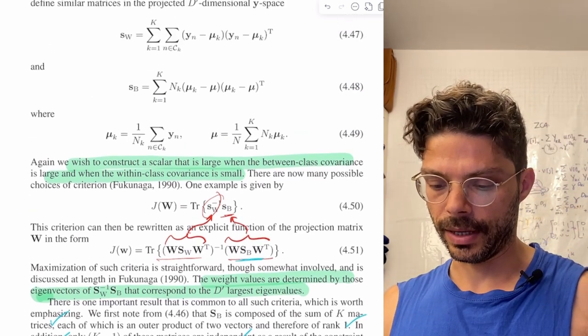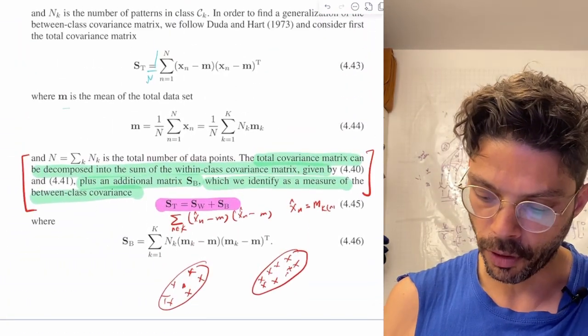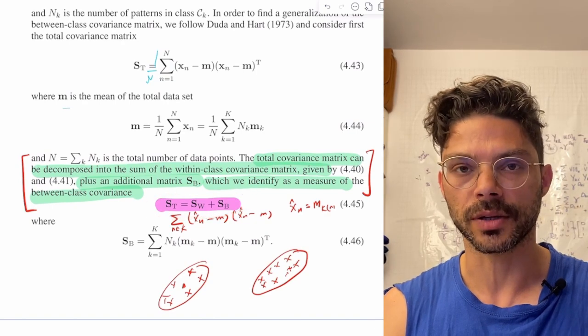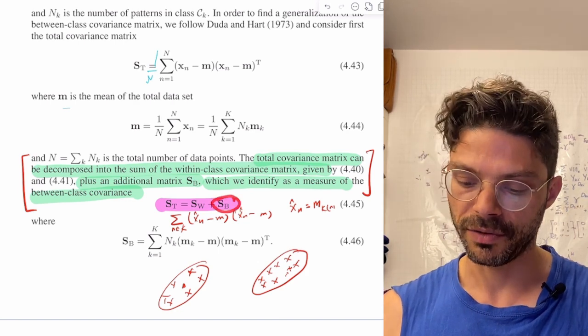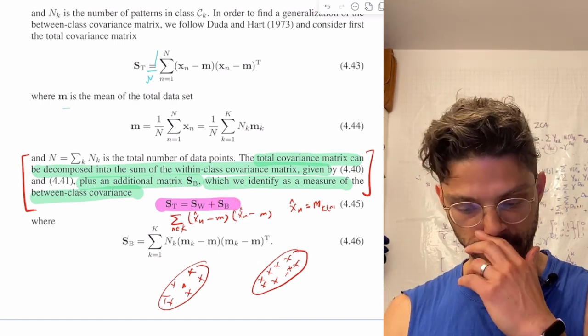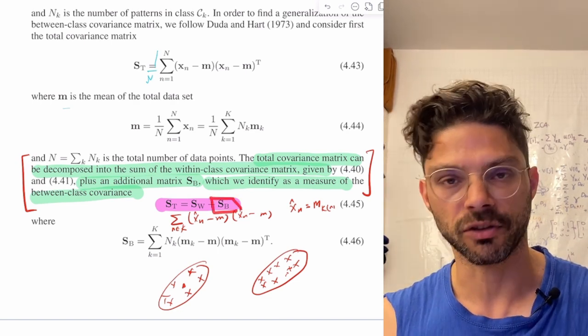But I think the main idea of this section, the key point, was this decomposition, taking the total variance and decomposing it into a within class variance and using whatever is left as the between class variance. Sometimes when I try to rederive this from memory, I forget that SB is just what's left over.